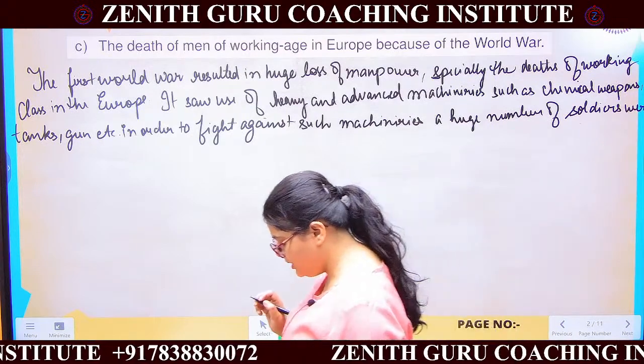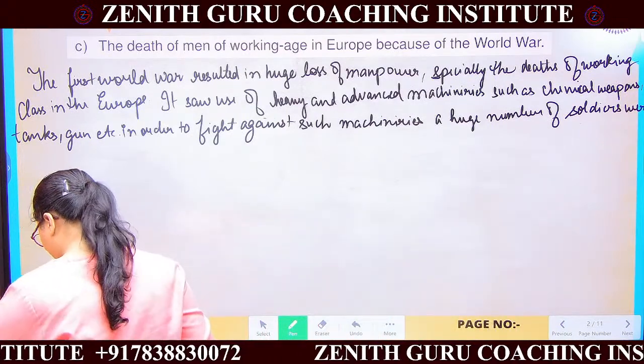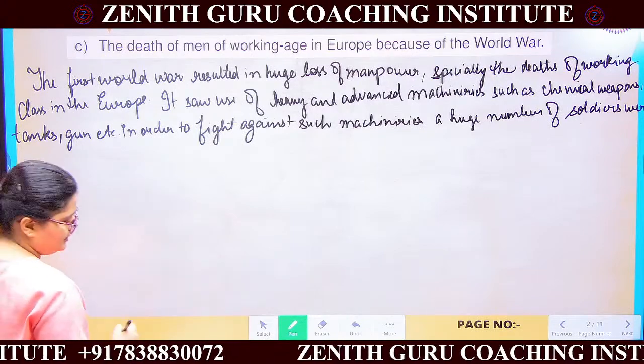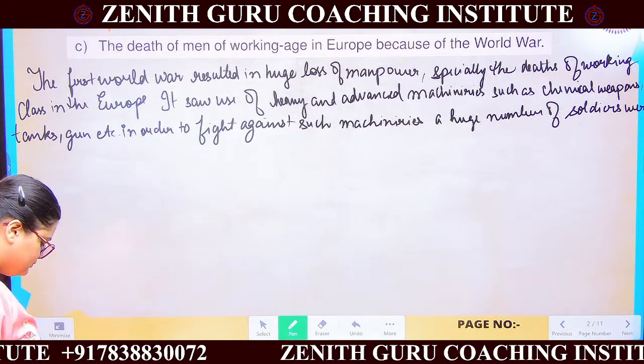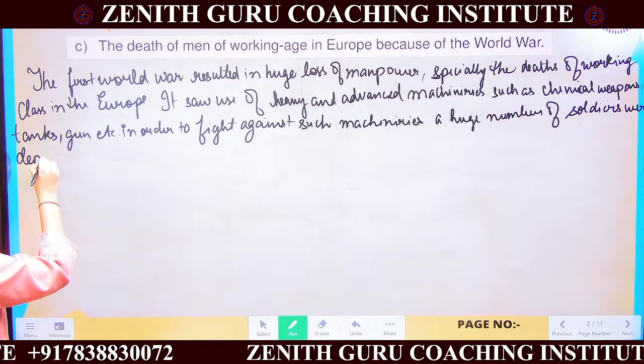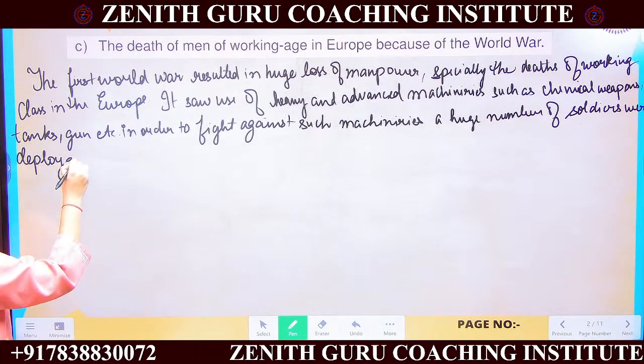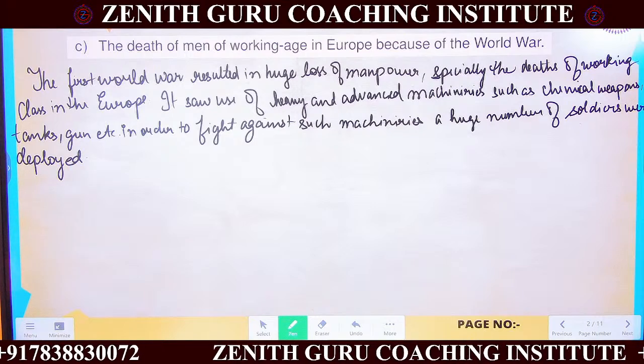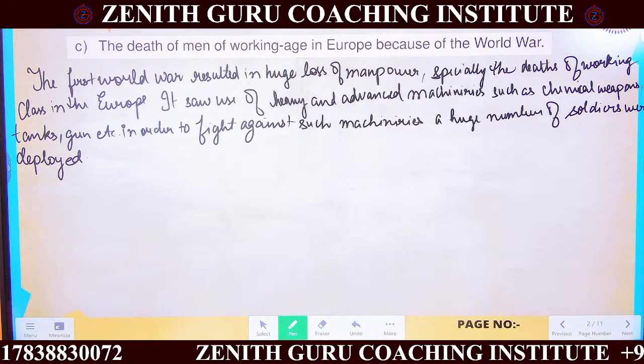Okay, so what did the Britishers do? They deployed an extremely large number of soldiers. A huge number of soldiers were deployed. ठीक है?